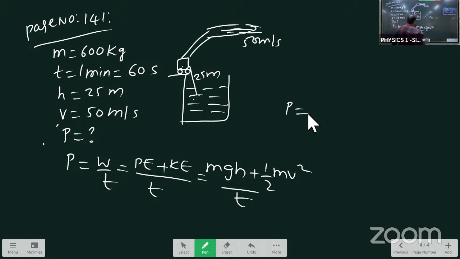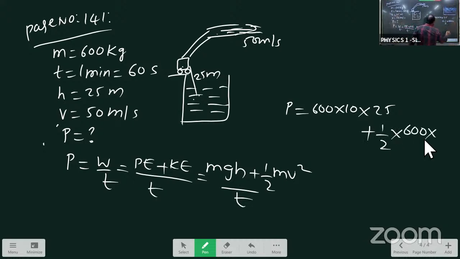P equals mgh, m is 600, g is 10, depth 25, plus half m, 600, into v square, 50 whole square, divided by time 60.